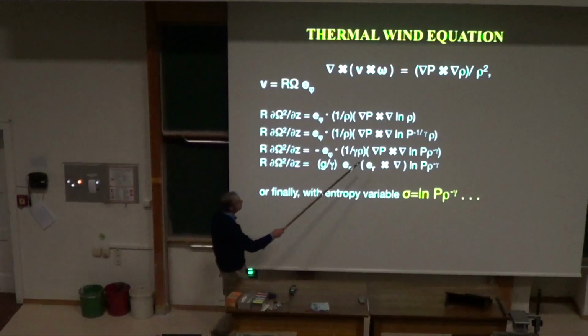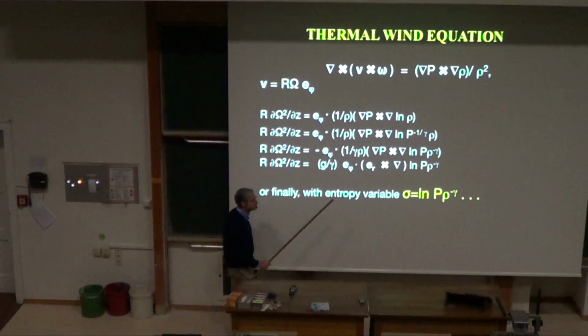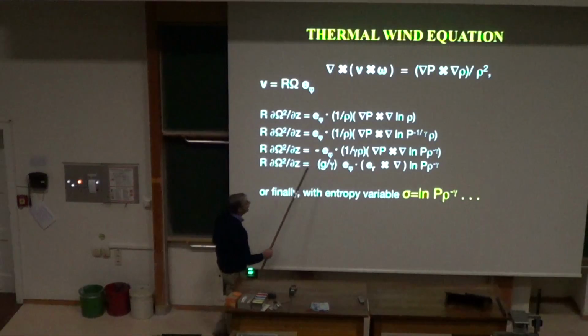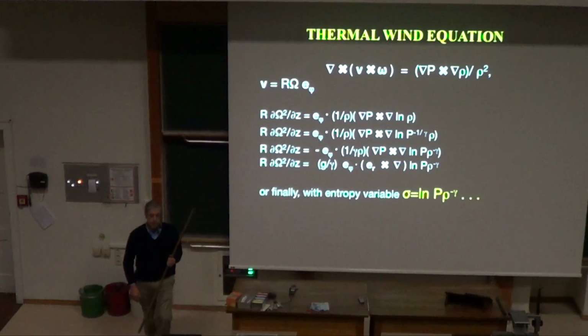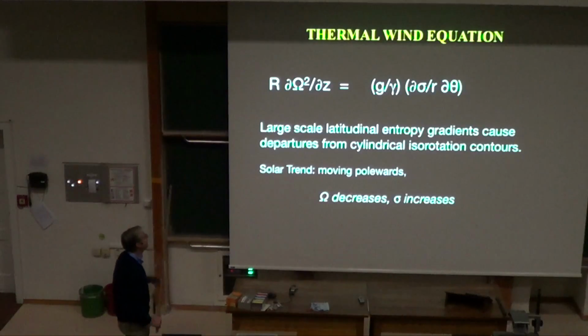Essentially, the gradient of p can be replaced by its radial component, and the minus 1 over rho grad p becomes proportional to the gravitational field, and I get a very elegant looking equation at the end.